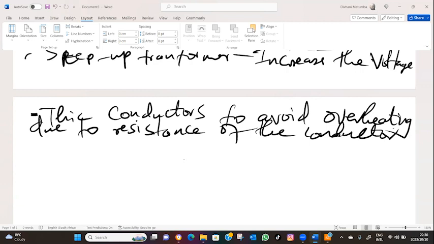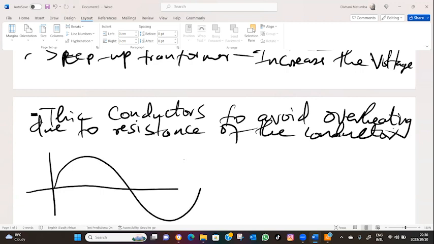Now, the voltage that is produced, as we have said, goes in cycles. However, the voltage that we get at home, or the effective voltage, in electrical terms we call the root mean square.